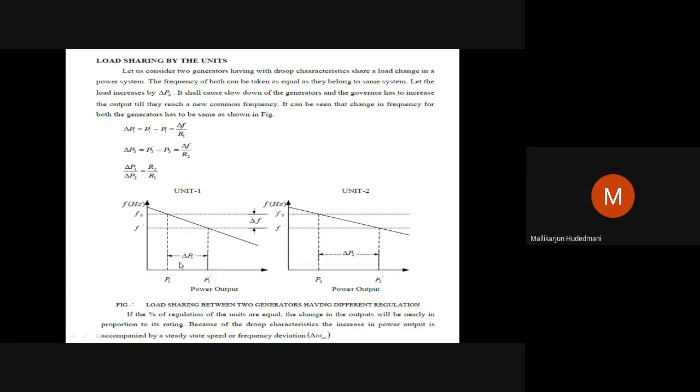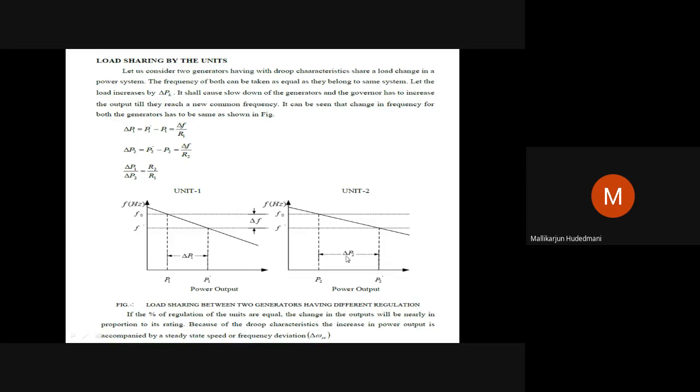Delta P1 is the shift expected from generator 1 for the change in load. That is, P1 dash minus P1 is delta P1, which must be the correction taken from the governor mechanism of machine 1 as delta F by R1, where R1 is the droop characteristic of machine number 1.